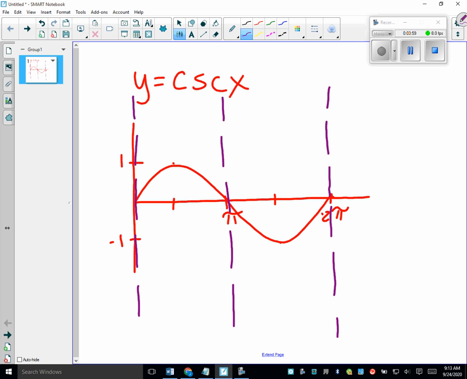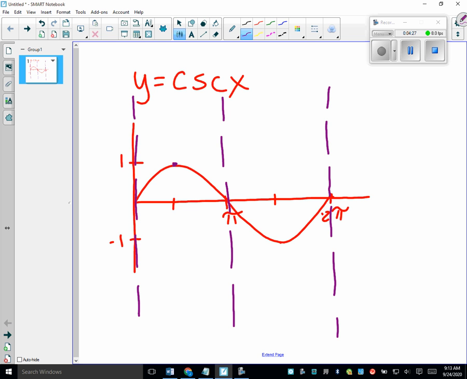What value is the sine graph right here? 1. What's the reciprocal of 1? 1. So the cosecant graph has a dot right here. Now I'm going to ask you a question. Right about here, is my y value 1/2?